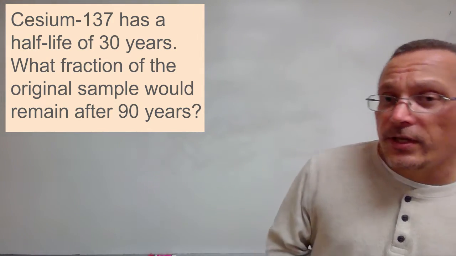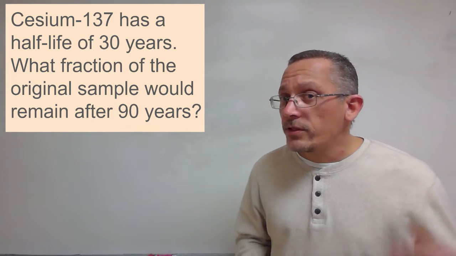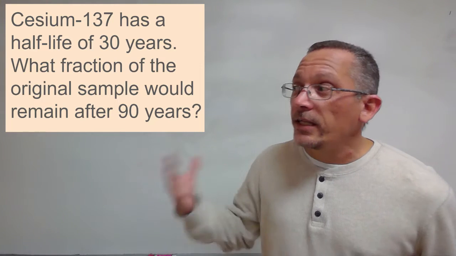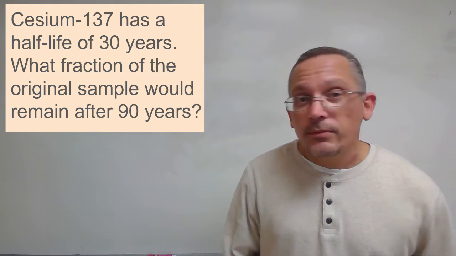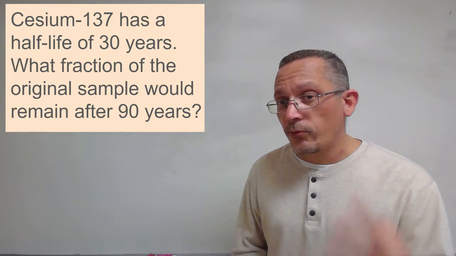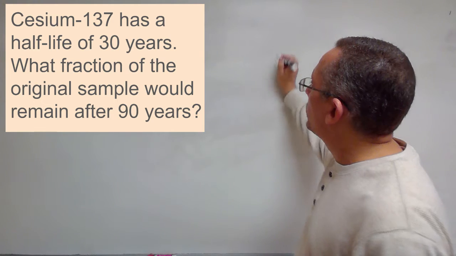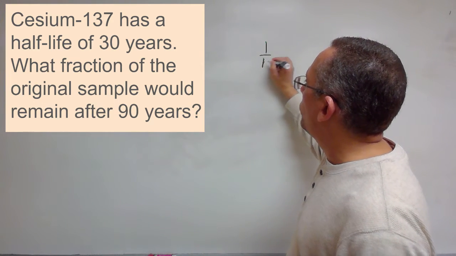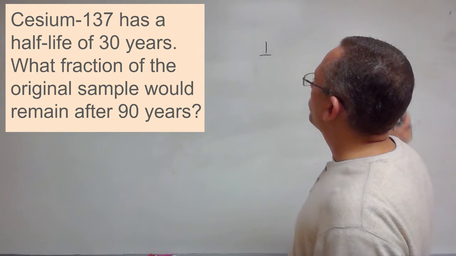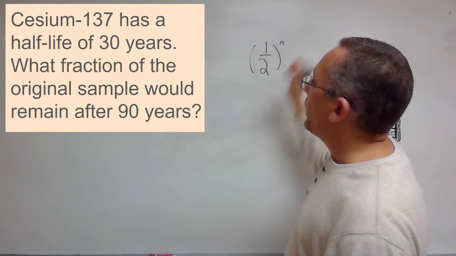So the thing to ask yourself is how many half-lives have gone by, okay? If a half-life is 30 years, and 90 years have gone by, well, how many times does 30 go into 90? 3 times. So there have been 3 half-lives. So to figure out what fraction remains, remember 1 over 2 to the n power, right?